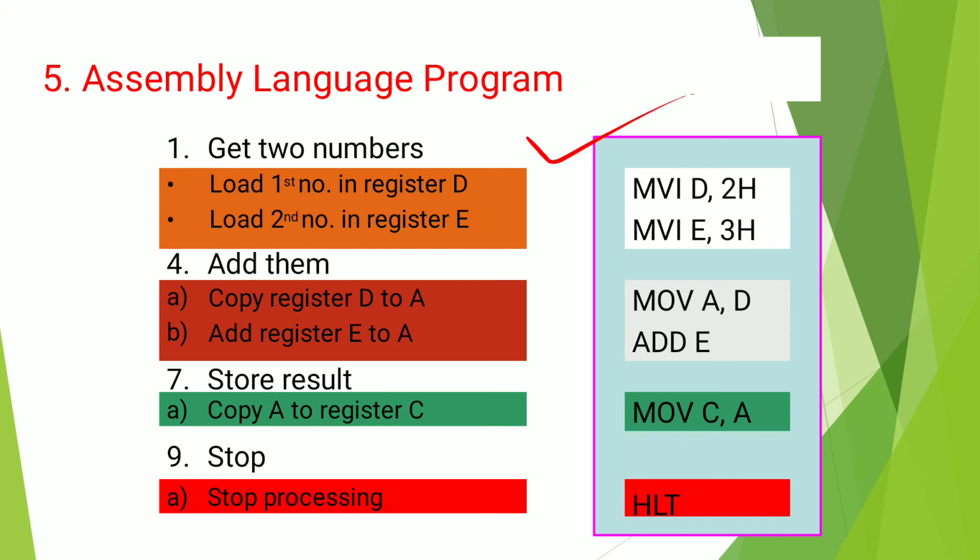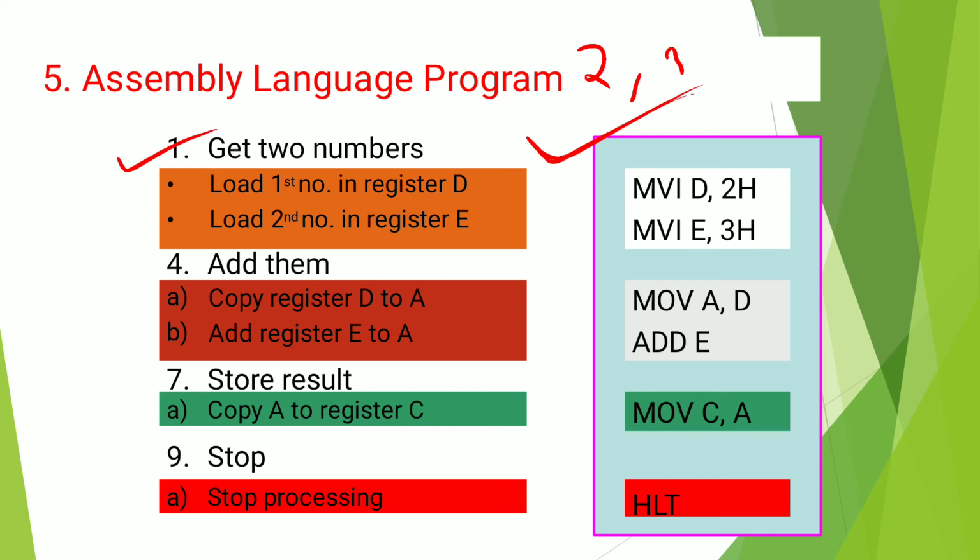This is the assembly language program for addition of two 8-bit numbers, and the result is stored in register C. This is the algorithm which we covered earlier. Now this is the assembly language program. Here I am using the data 2 and 3.